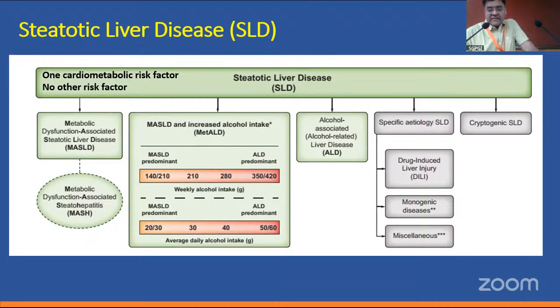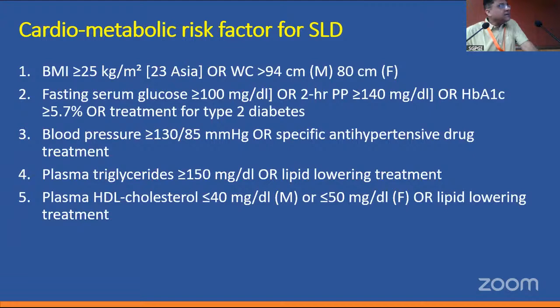Again, the risk factors are the same, just given a different name: high BMI, diabetes, hypertension, hyperlipidemia, or low HDL cholesterol, right? So the definition has not changed markedly. It is more of just the nomenclature.